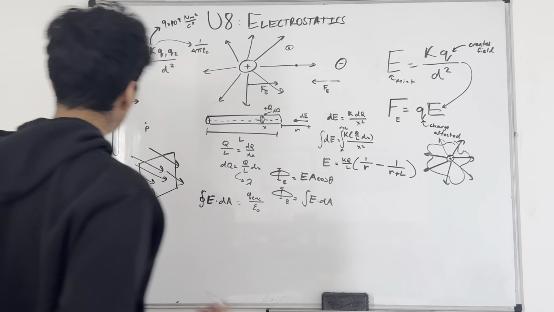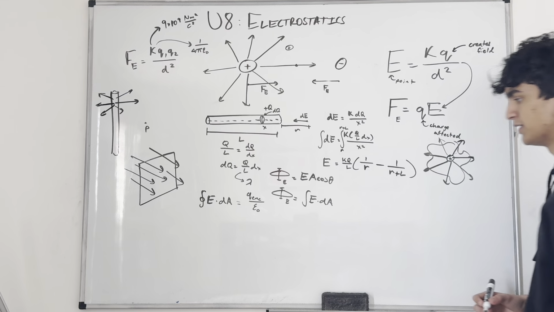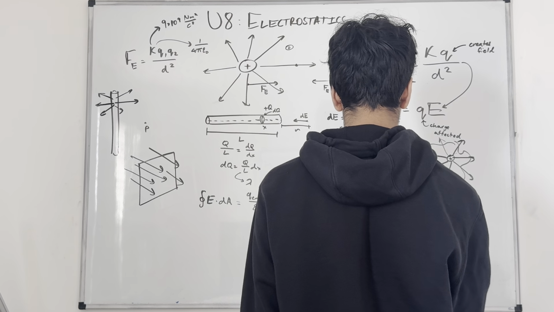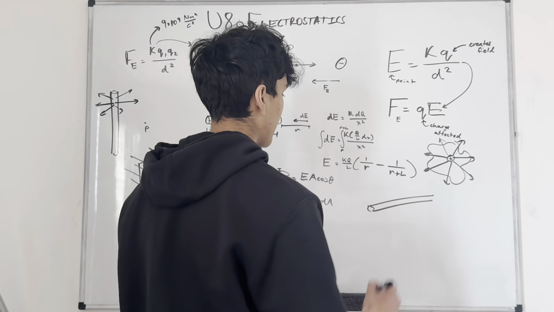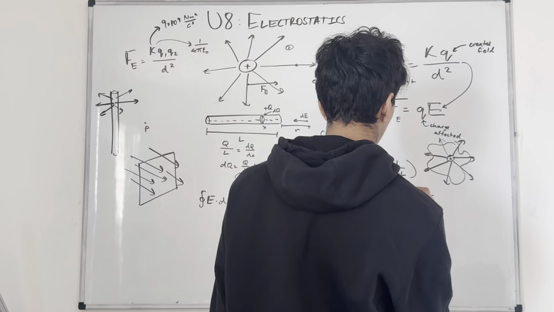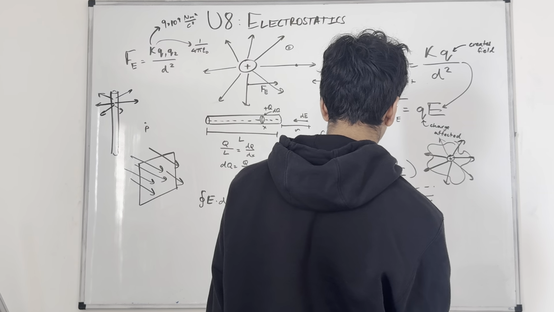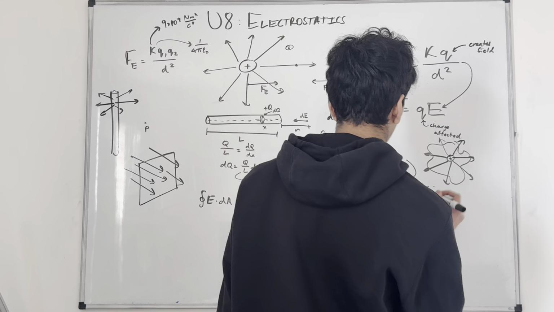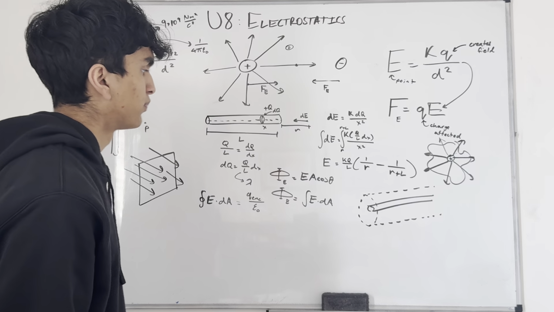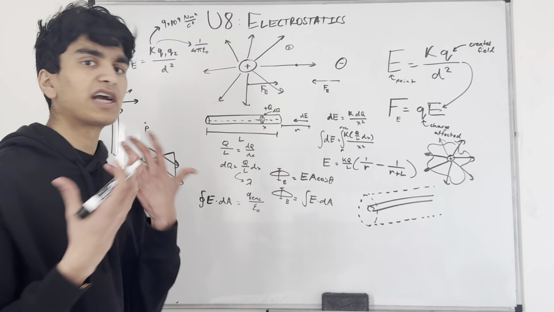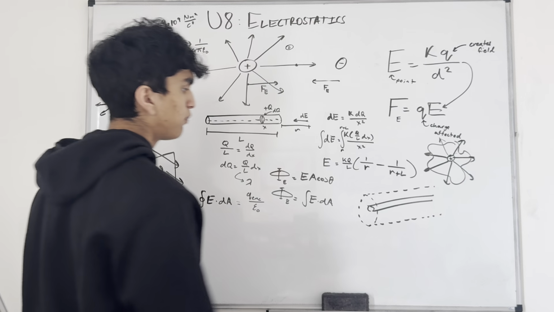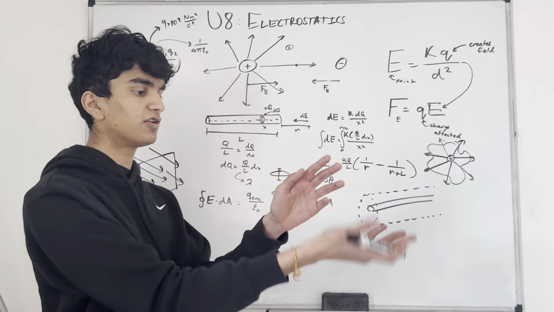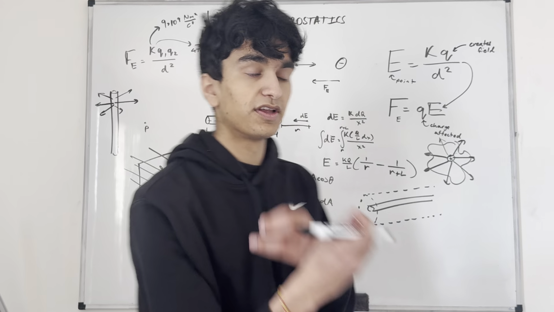Well, if I do my cylinder, my line of charge, I can think of an imaginary surface, which we call a Gaussian surface, that will be such a shape that we can use symmetry. For all the points along that entire 3D surface, the electric field is the same.